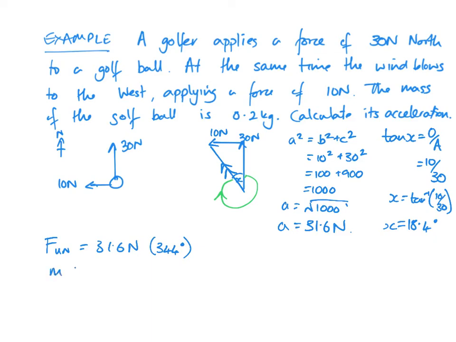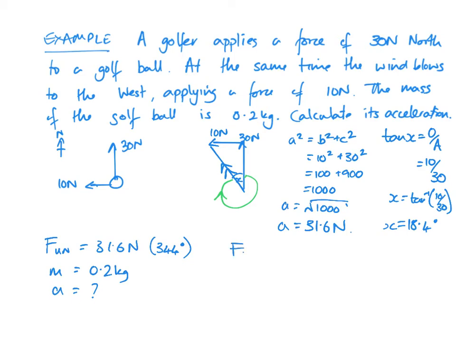We know the mass is 0.2 kilograms. And we've been asked acceleration. Now, just like when we did velocity as displacement over time, we don't put the angle into the calculation, but the acceleration will have the same bearing as the unbalanced force, in the same way that velocities had the same bearing as displacements when we did the v equals s over t calculations.